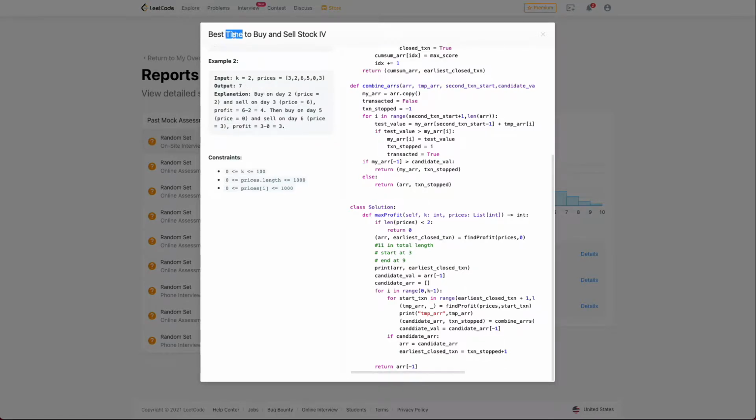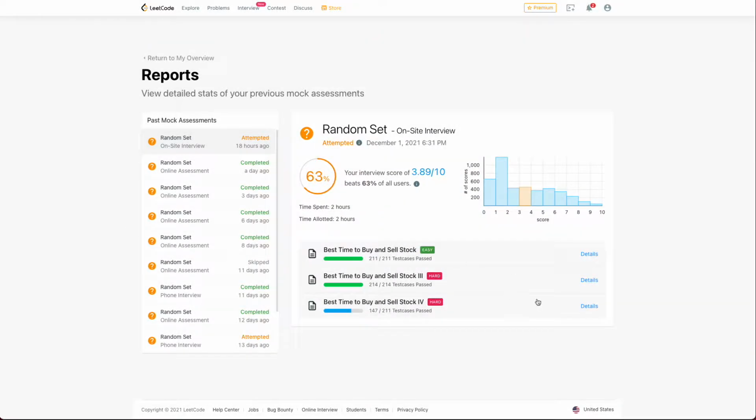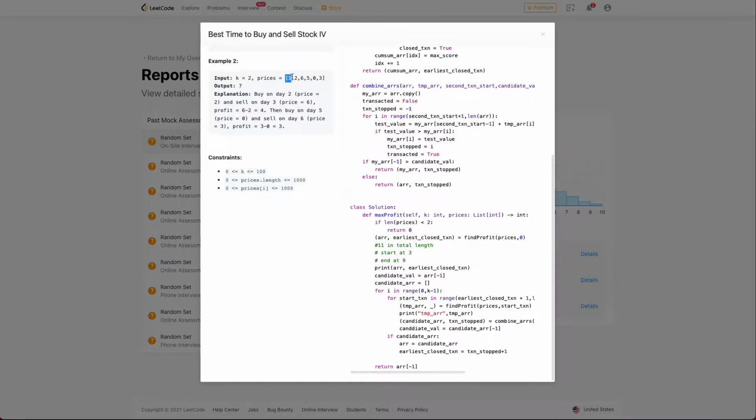But the prompt of the problem is basically saying, given an array with k number of transactions, you want to maximize your profits. The prices are in time order.